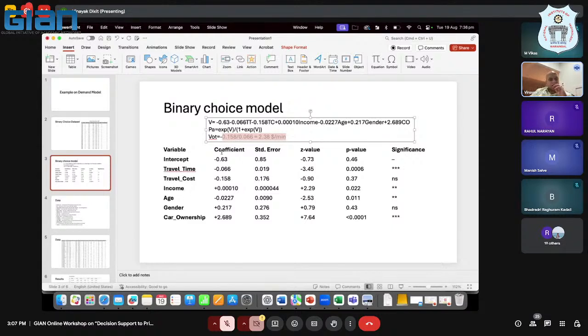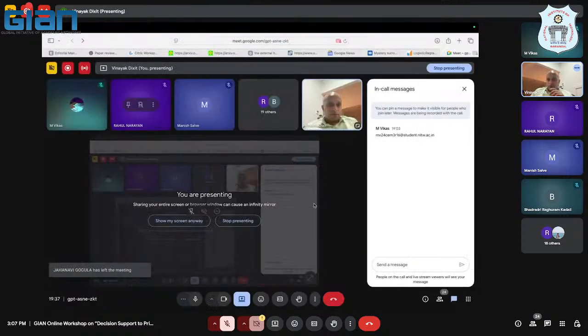Exactly this: take the coefficient of the cost and divide that by the coefficient of the standard deviation. Any questions so far?